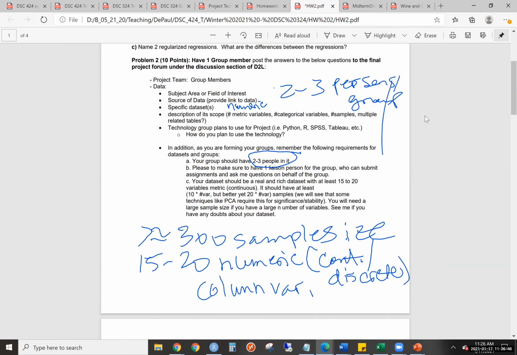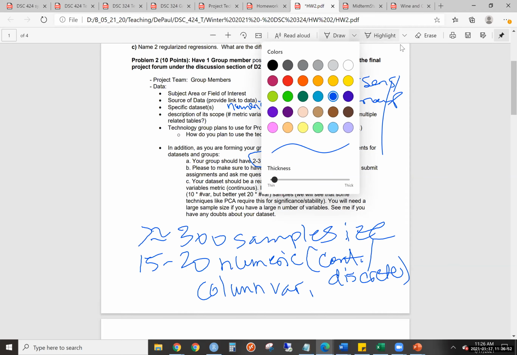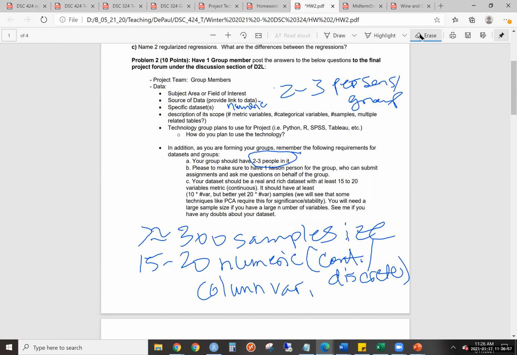So that is the data set. So for problem 2, that's the final group project, initial assessment. I want you to figure out who your group members are, the data set, and what field it comes from. So it could be finance, it could be MLB data, so baseball data, it could be basketball data, it could be medical data.